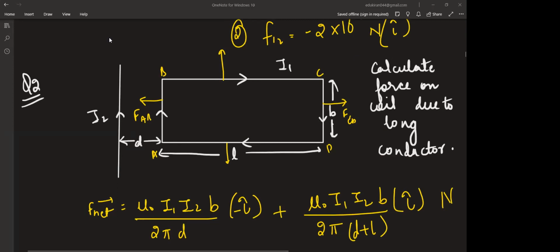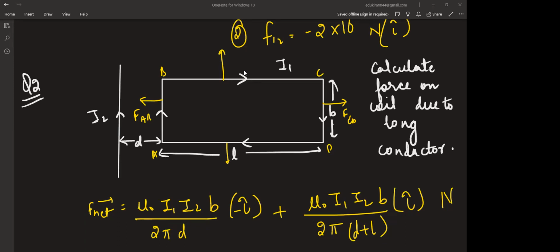Ma'am, what about FBC and FAD? See, these forces will cancel each other, no? Yeah, but I didn't get how force BC is upwards. See, this is one wire, the wire you are considering. Now you apply the right hand thumb rule.